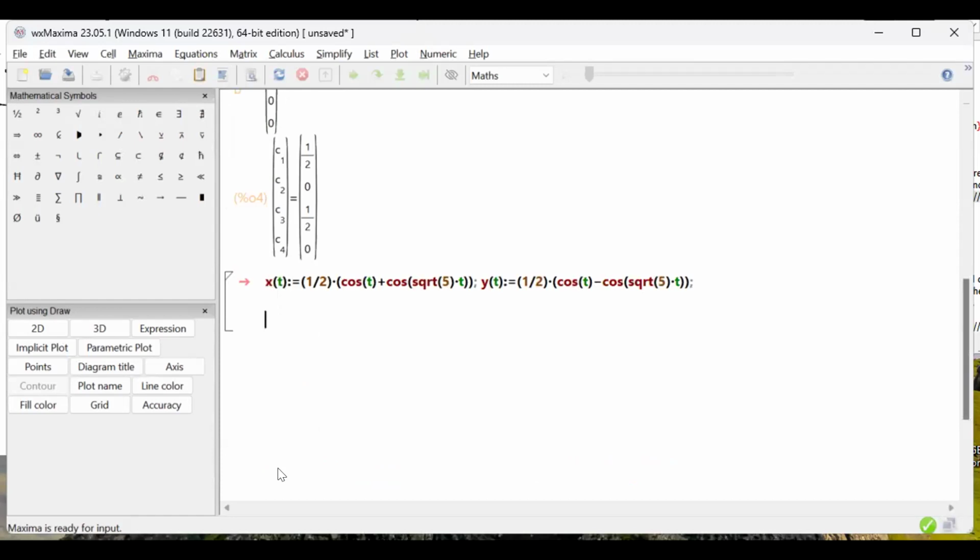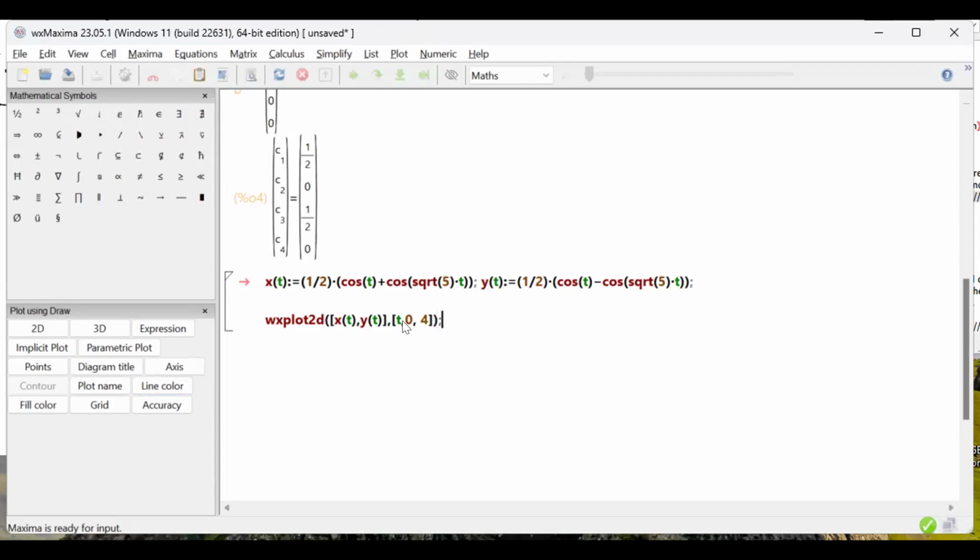Those are our two functions, and now we want to plot them. I'll use plot 2D so it stays in this frame. We want x of t, y of t, and then t to go from 0 to, let's try 3 or 4.